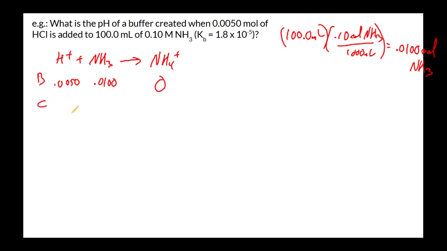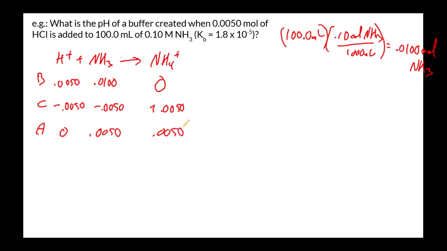The change: our limiting reactant is the H plus, so we're going to lose 0.0050 moles of each reactant, and we're going to gain 0.0050 moles of product. So afterwards, no H plus, NH3 drops down to 0.0050, and NH4 plus goes up to 0.0050.